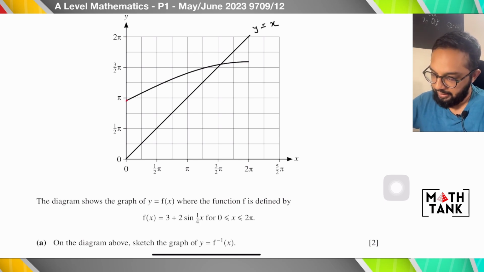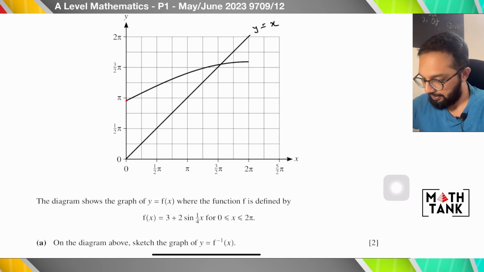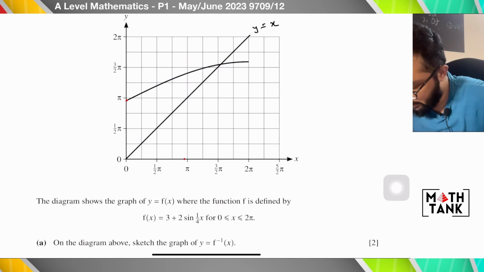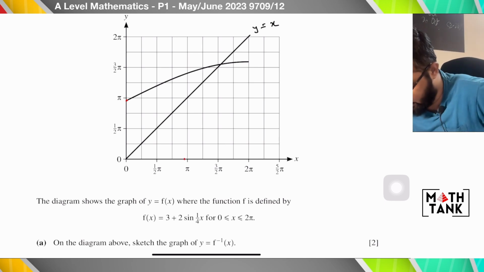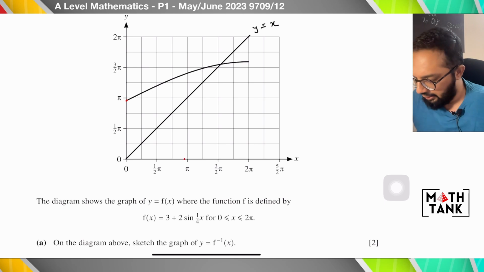Okay, this point is here. It's on the y-axis. It's going to appear on the x-axis here, at the same distance. I don't know what that coordinate is, but I know for sure that that is what I need to plot. I need to pick another set of coordinates that I can sort of decipher from here.